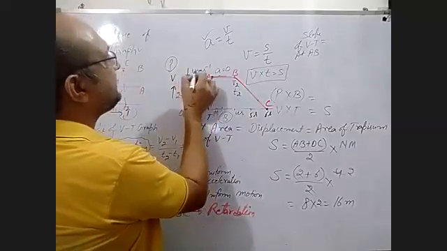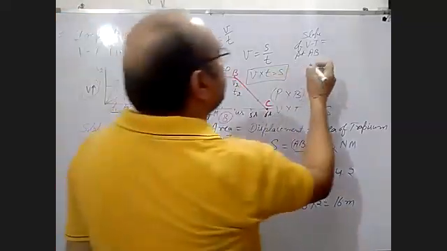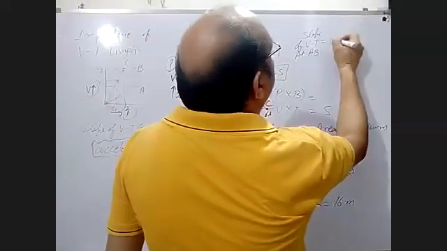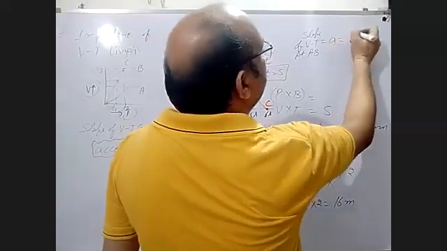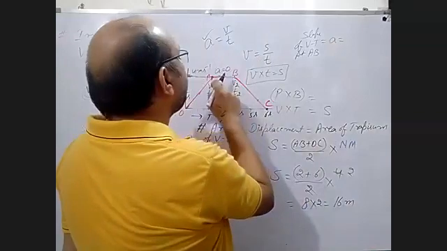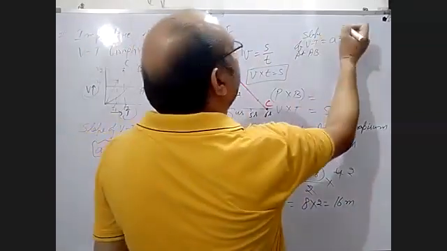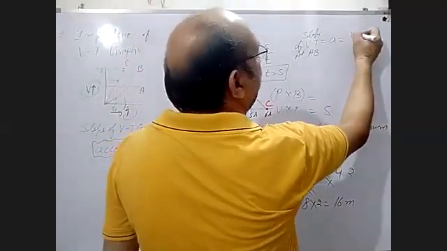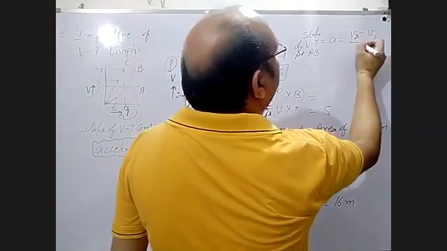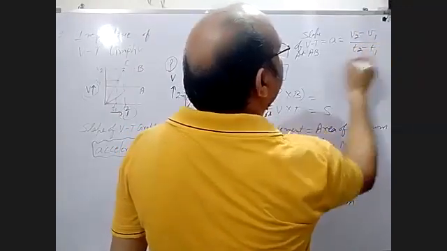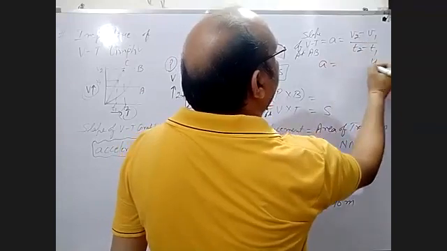On the y-axis, the velocity value is 4 meter per second. So, the slope of the VT graph is acceleration, and this is the value of V1. V1 is 4 meter per second. The formula for this is what? V2 minus V1 upon T2 minus T1. Now put the value of V1, 4.